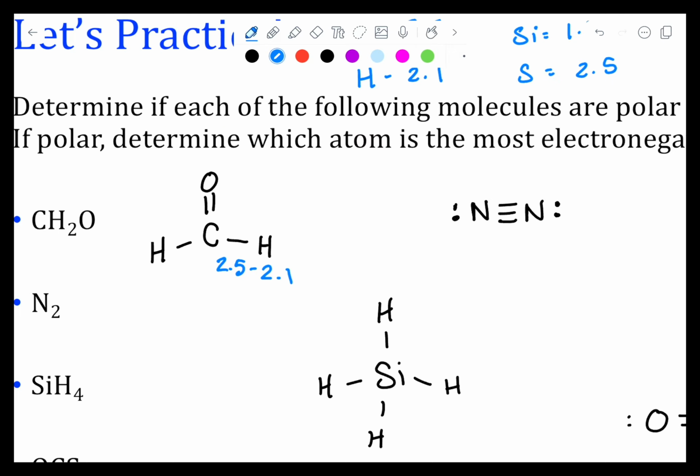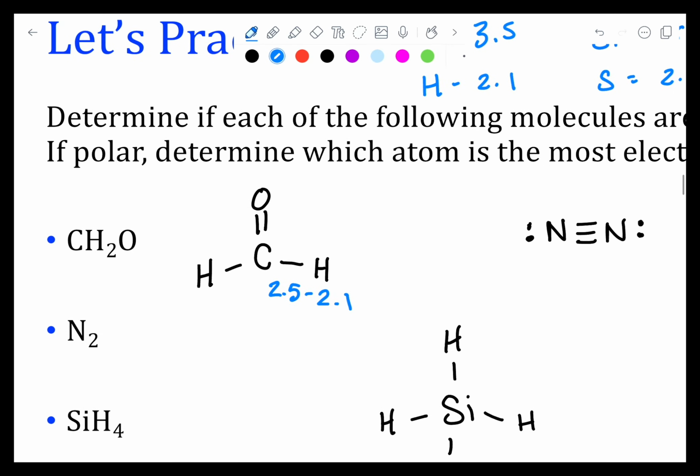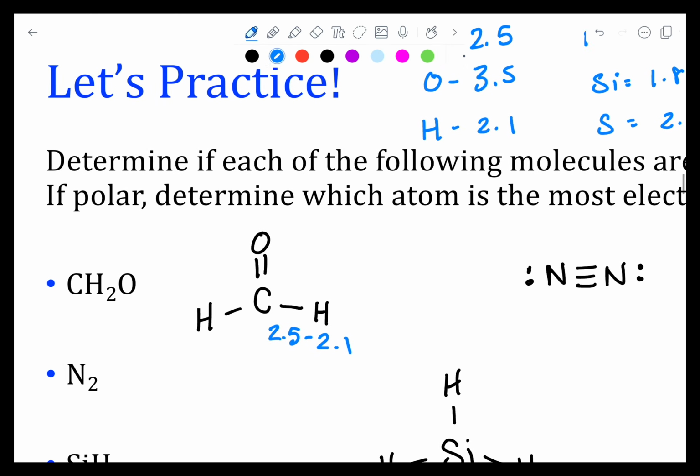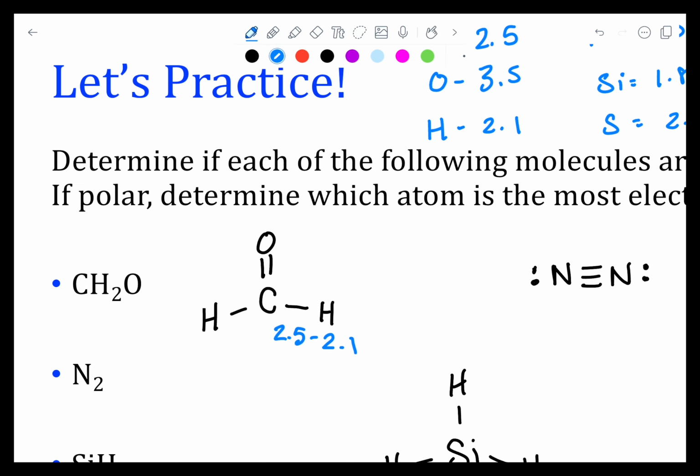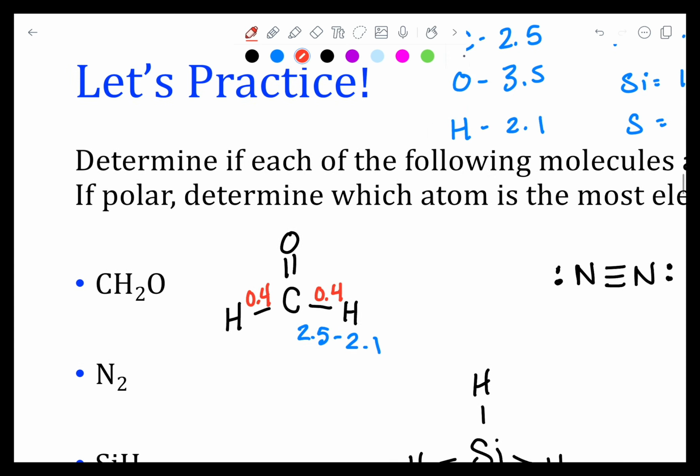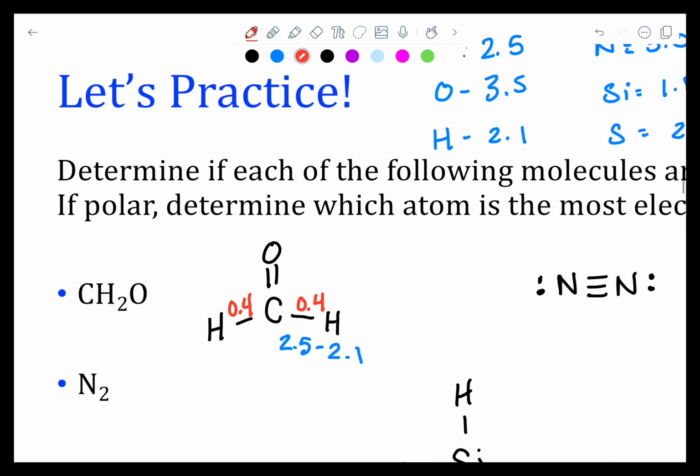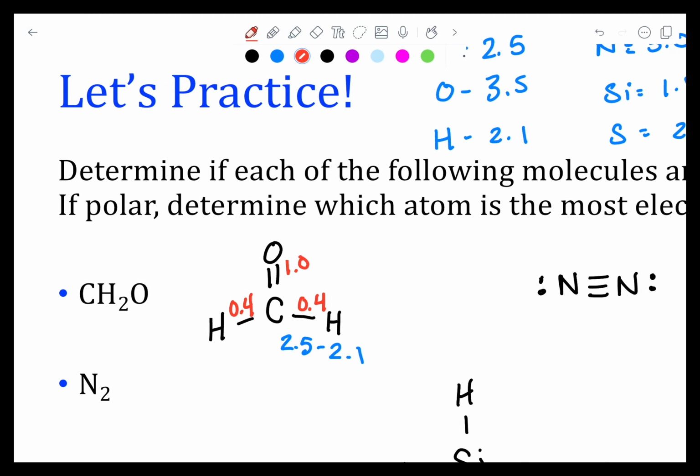Let me zoom in so we're looking at one structure at a time. So we have 2.5 minus 2.1, so that's 0.4, so that's going to be nonpolar bonds. And then our carbon-oxygen, so carbon's 2.5, oxygen's 3.5, that's going to be a 1.0 difference. Okay, we determined that when we did carbon dioxide.